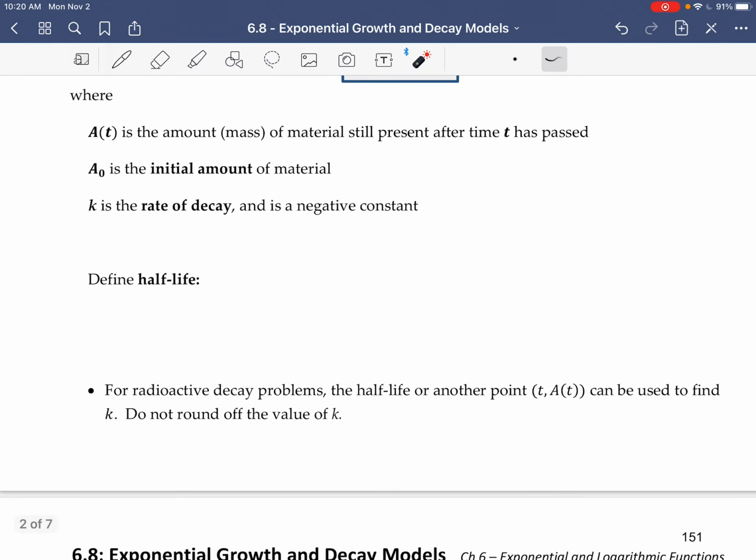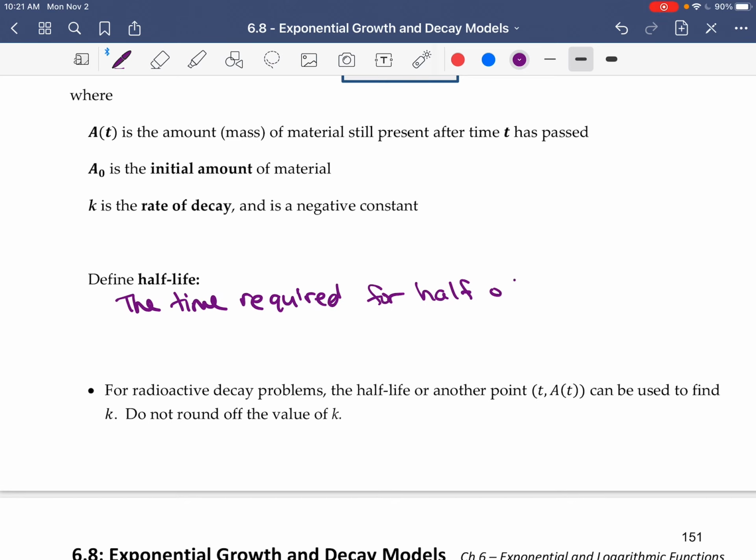Now they often talk about the half-life for radioactive decay. So the half-life is the time required for half of the radioactive substance to remain, or to decay.